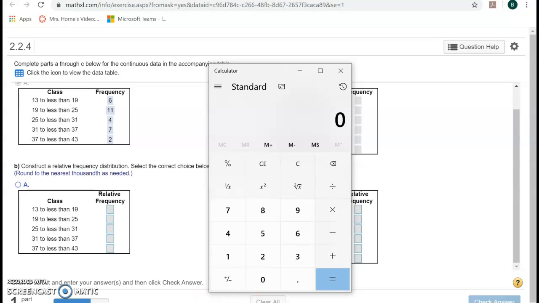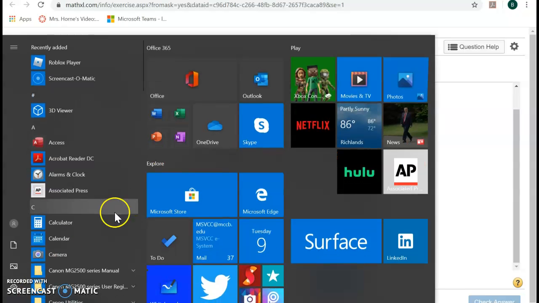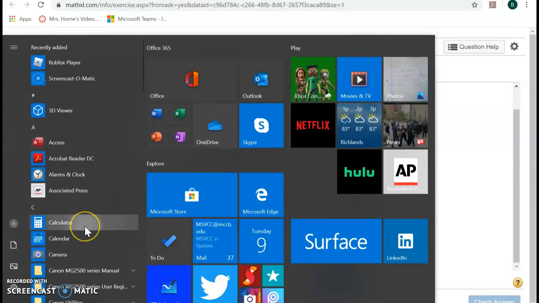And what I'll do is just show you my work for the first one. And this is something that you could probably put down in your notes to help you.